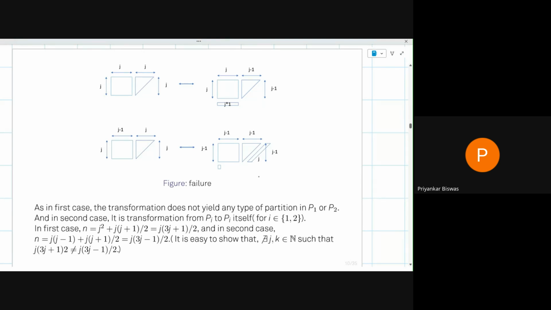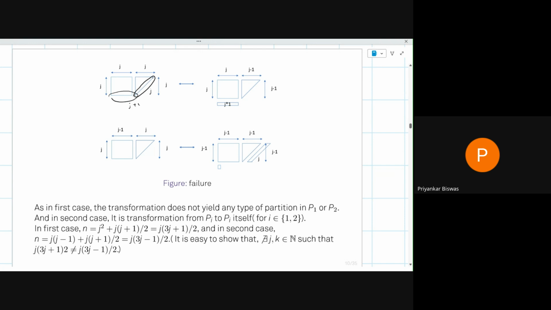Say here we have a J cross J box. I mean, this box is a box of dots or box of boxes. This is a paragraph, and here is a triangle. If you do the transformation, here we have J many points, and here J plus 1.